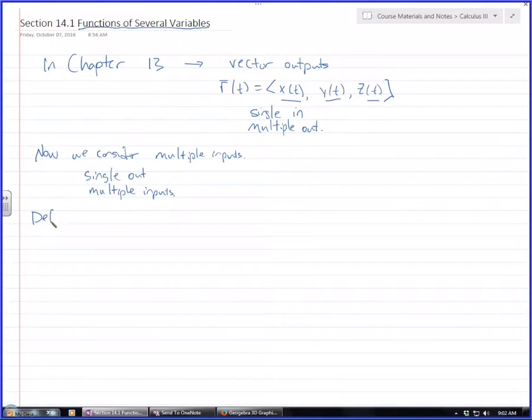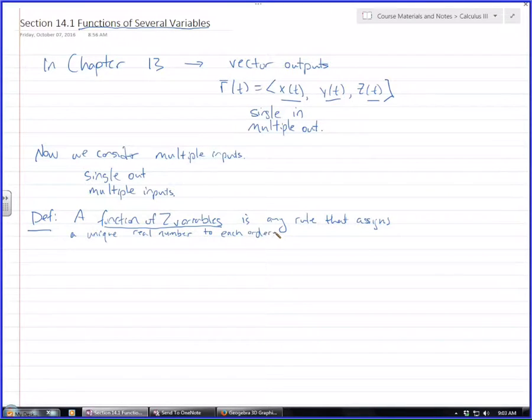So let's start with a definition and say that a function of two variables is any rule that assigns a unique real number to each ordered pair of real numbers, we'll say x comma y, in a set D, where D is a subset of R2.